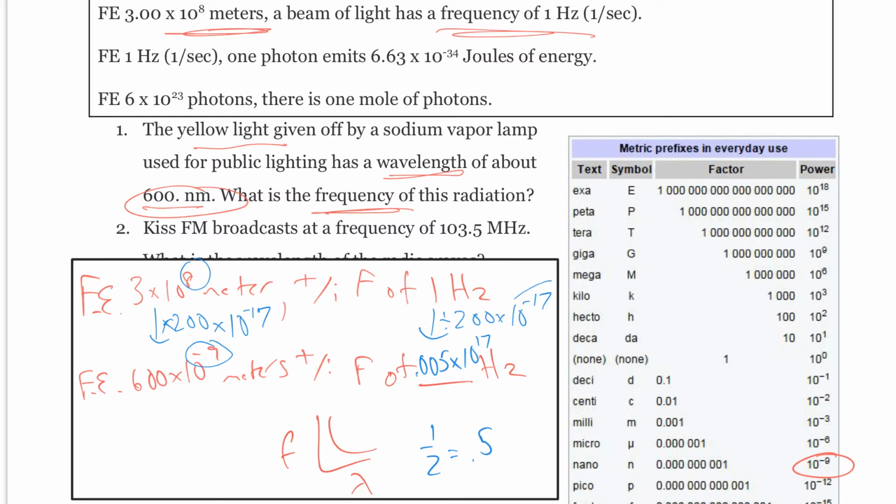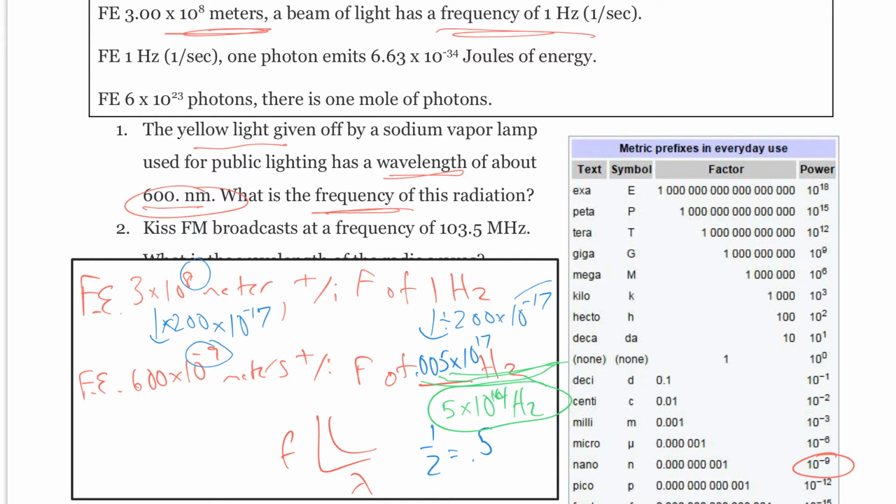And if you think about this, I'm going to take this number and bring it out 17 and come back 15. Oh, I'm going to come back 14. So this is going to be 5 times 10 to the 14th hertz. Now, you may have solved that a little bit differently, but somewhere around the same.